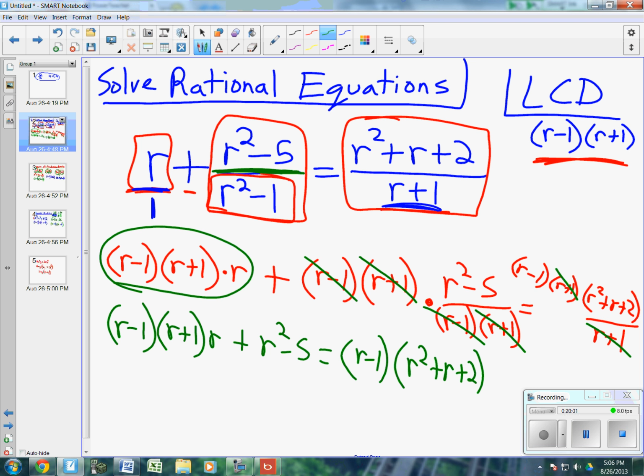That is that problem. Now, no more denominators, but that looks kind of like a scary problem to some of you. But what we're going to do is simplify it down. We've got to use the distributive property first. So we're going to start off by timesing r times r times 1, negative 1 times r, and negative 1 times 1.